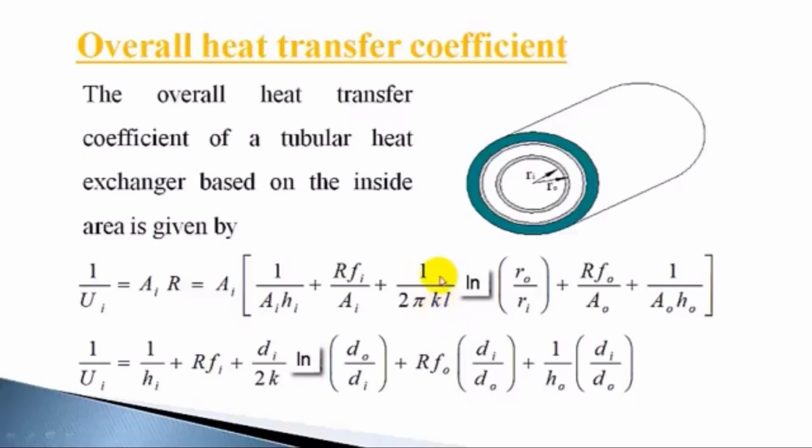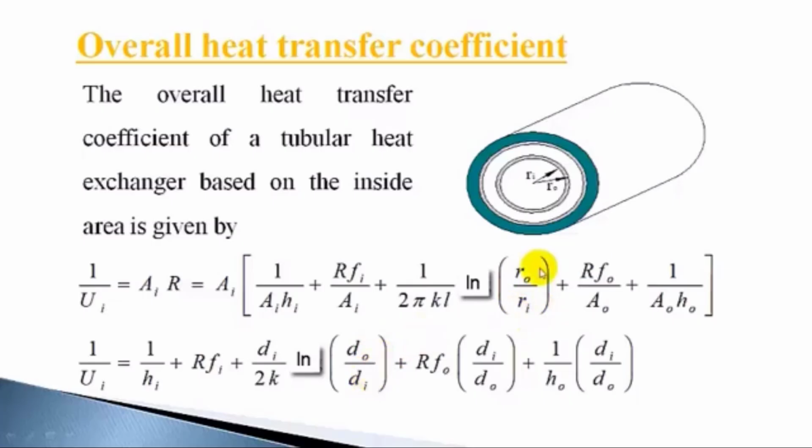Ri by K, Ri is di by 2. So you get di by 2k. So when you take AI inside, AI is 2 pi RiL, 2 pi L cancels, Ri by k is di by 2k into log R0 by Ri. R0 by Ri, whether it's a radius ratio or diameter ratio, it's same.